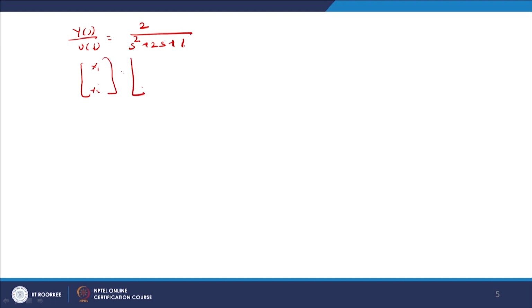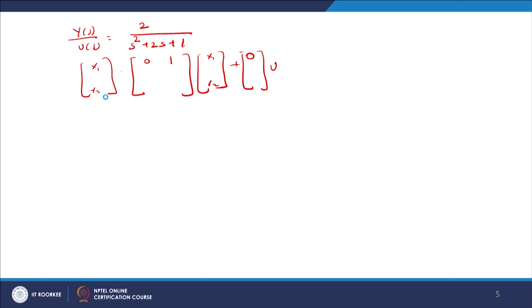Now, we can easily write x1 dot, generalizing from 0 1, with x1 and x2. So, x1 dot equals x2, and here b into u is 0. Next, what is x2 dot?